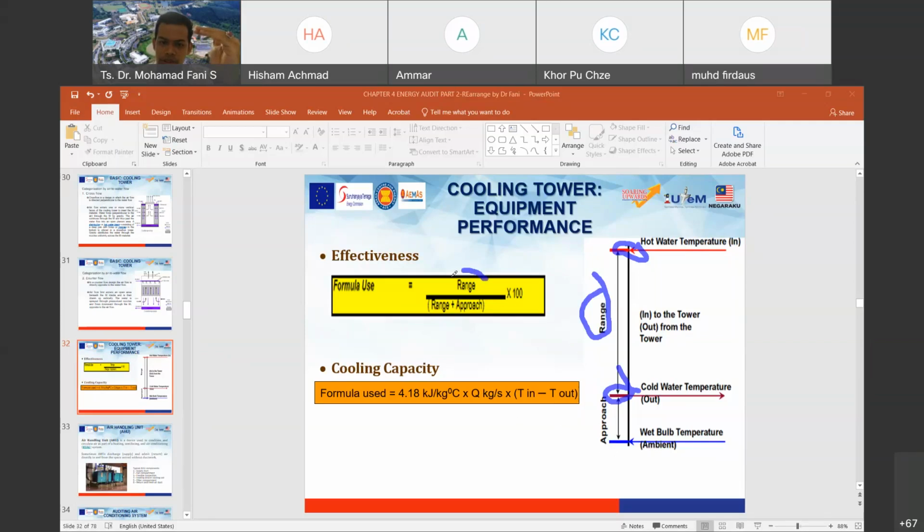Okay, the range. The range may be in meters, or you can put any unit.